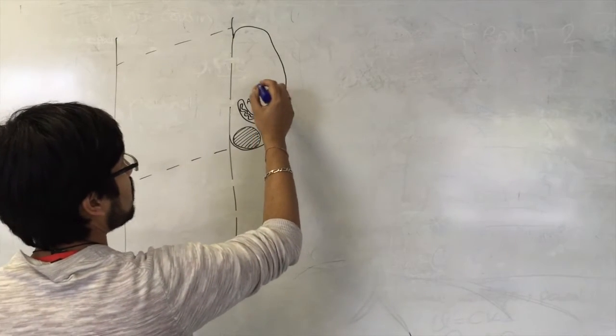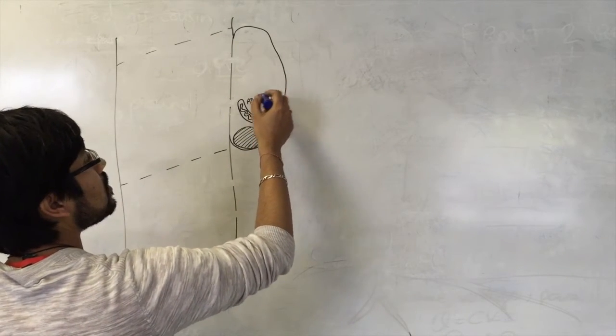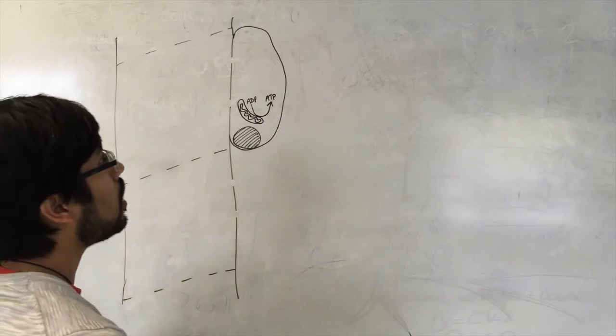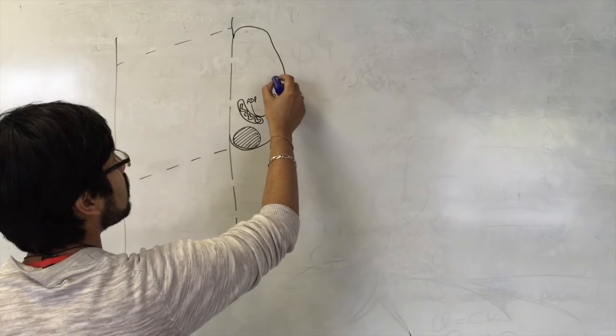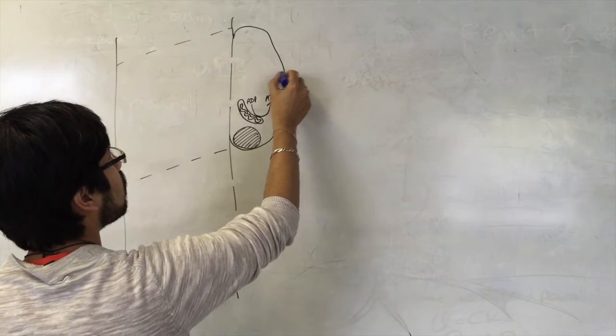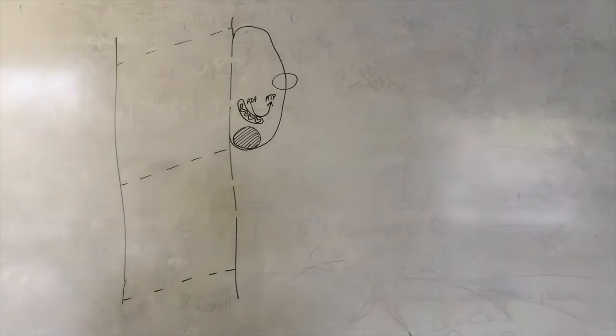Now that ATP is used by a transport protein in the membrane of the companion cell.